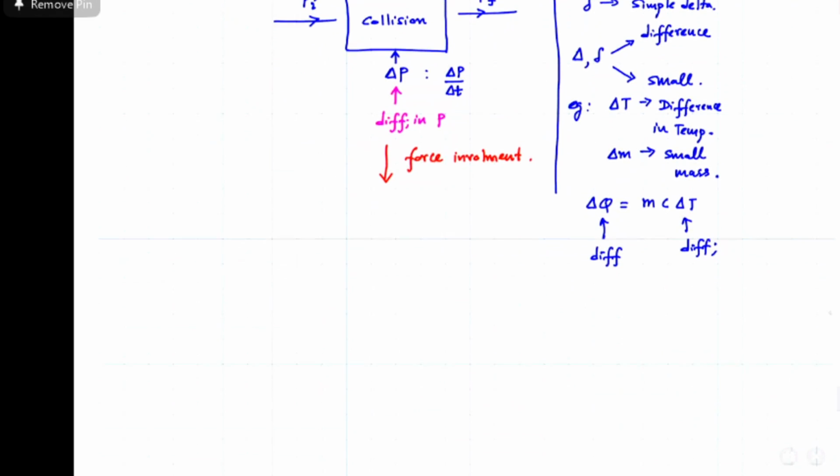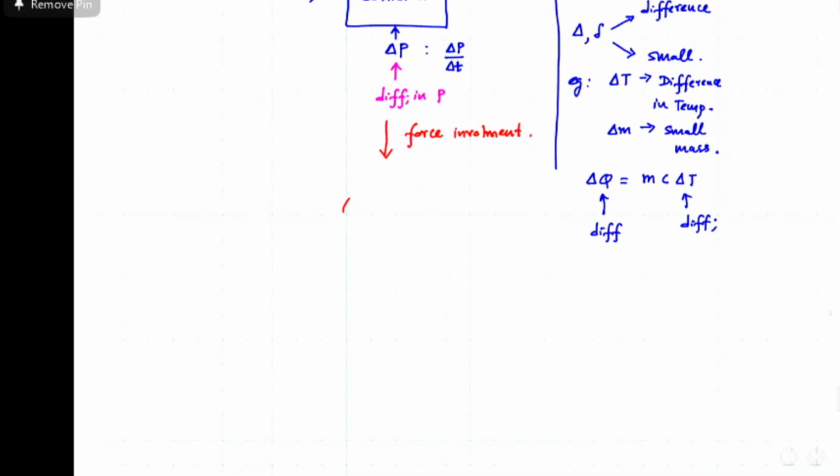Okay. So now understand, when this object is going to strike on that, at that instant you are going to get a force here. This guy is going to get a force here. This is A object, this is B object, right?